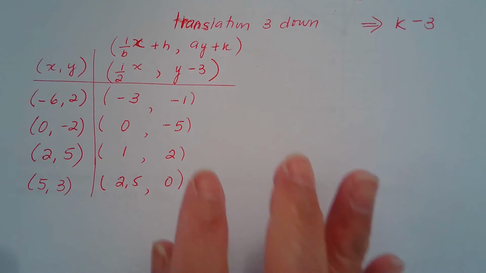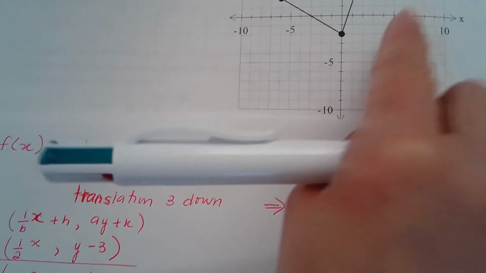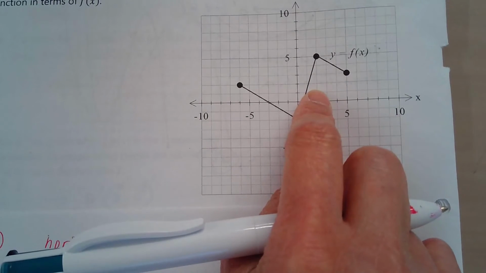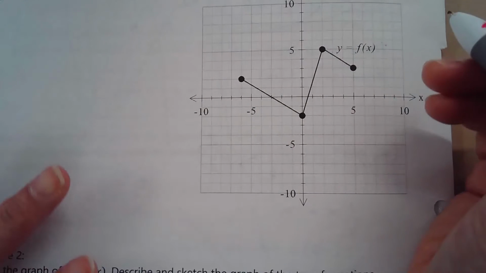Okay, so now what we could do is we could plot it on this graph here. Okay, so let's go ahead and plot those points there. So -3, -1.